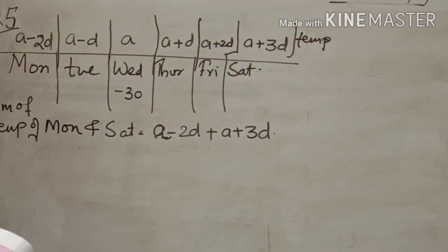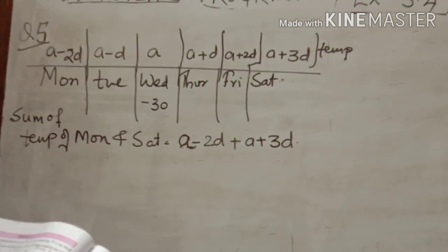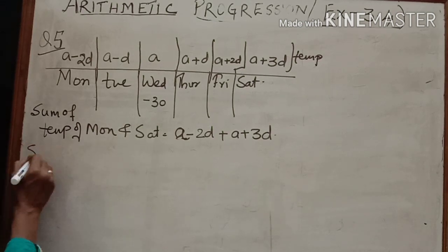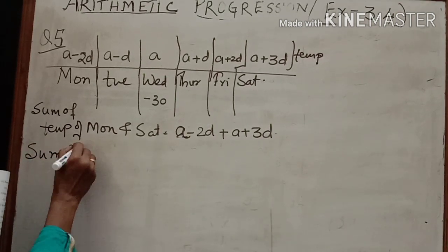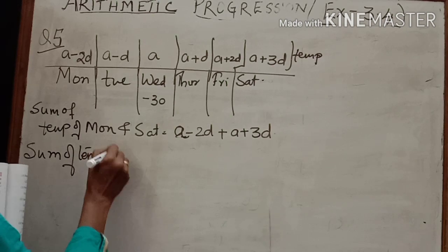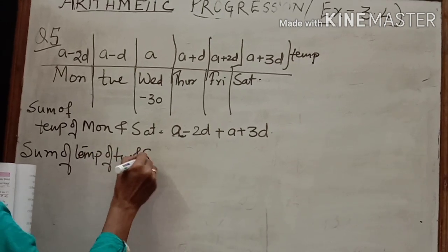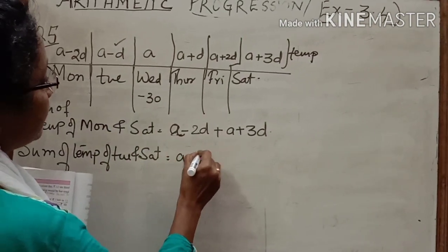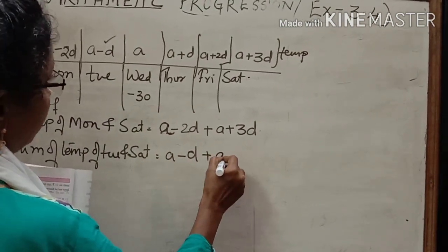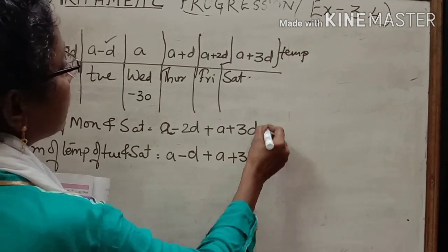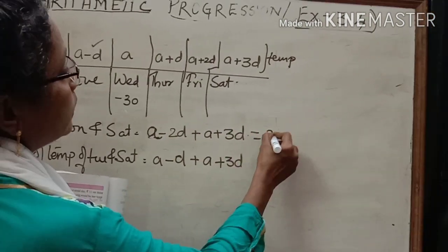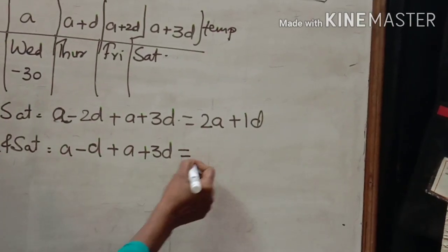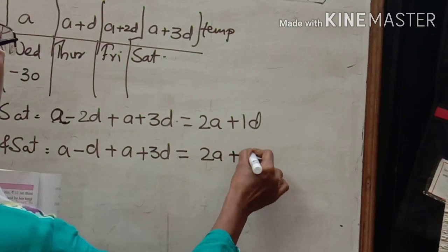That is 5 degrees centigrade more than the sum of temperatures of Tuesday and Saturday. Tuesday's temperature is a minus d, plus a plus 3d. So when we solve it, you will get 2a plus 1d, and here you are getting 2a plus 2d.